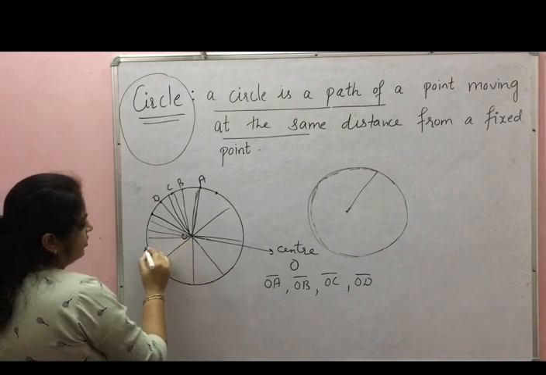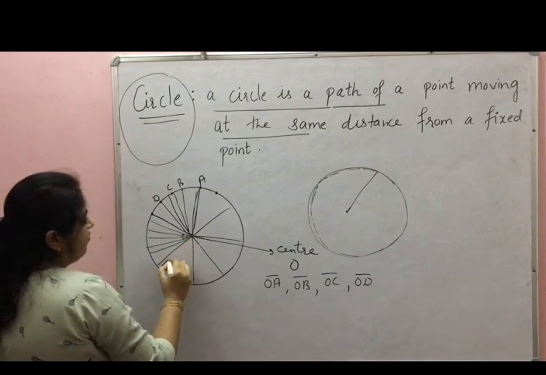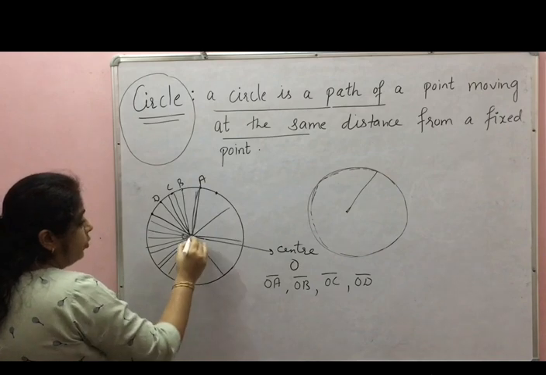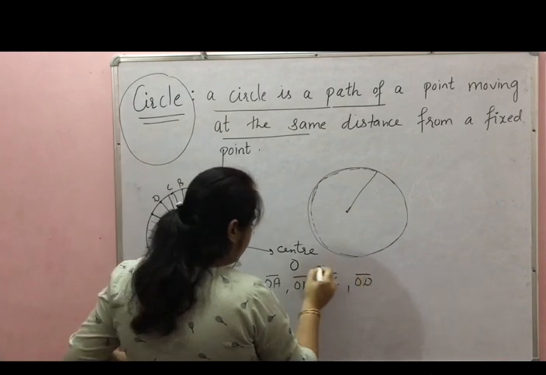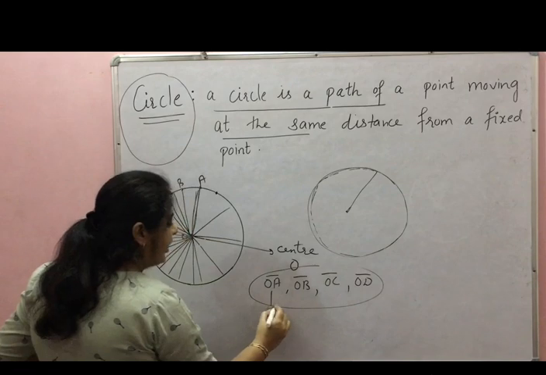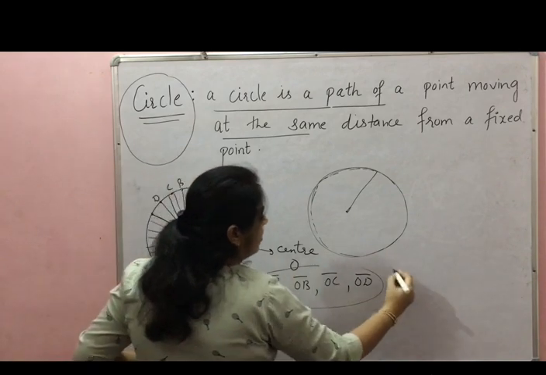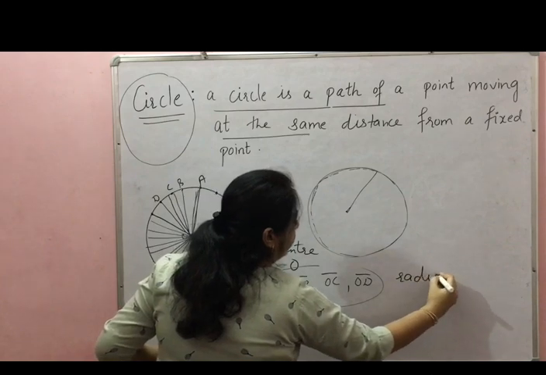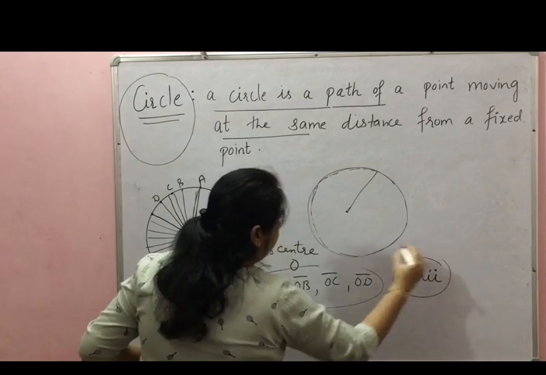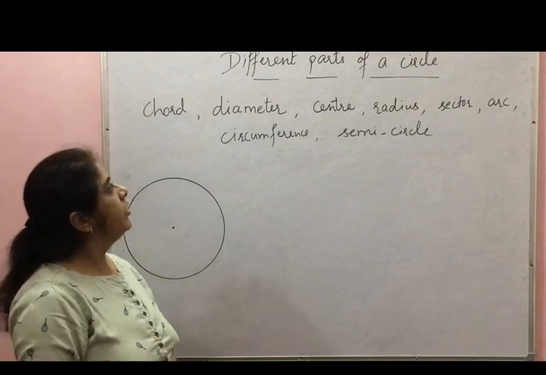Infinite. You can observe, we have infinite radii. One by one, each is called a radius, but all together they are called radii. This is the plural of radius.